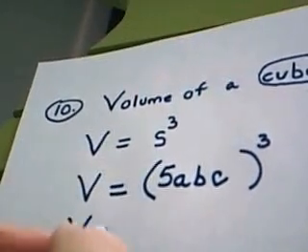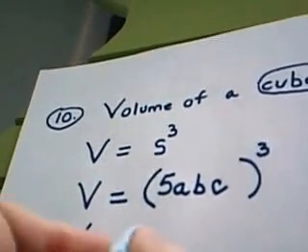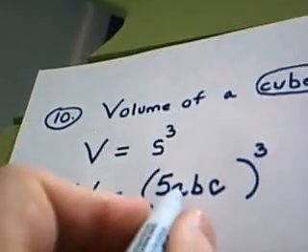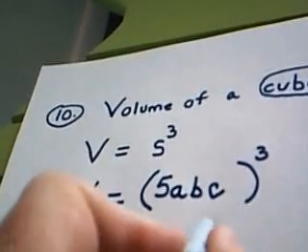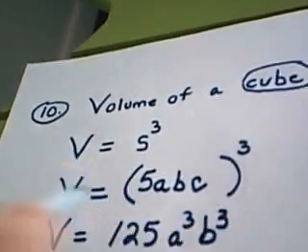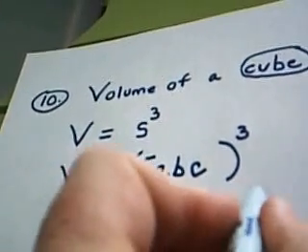When you do that correctly, 5 to the third power, of course, is 125. A to the third, B to the third, and C to the third.